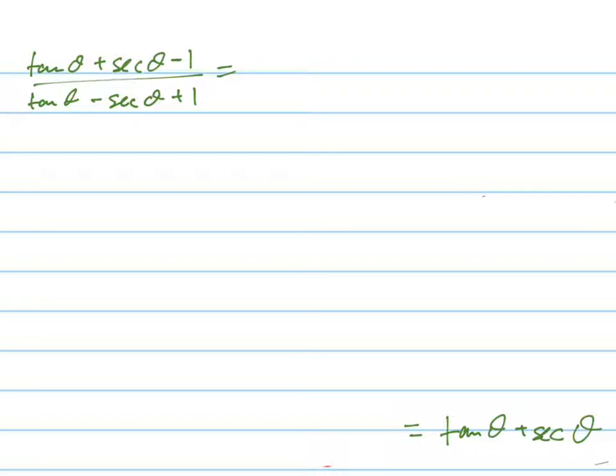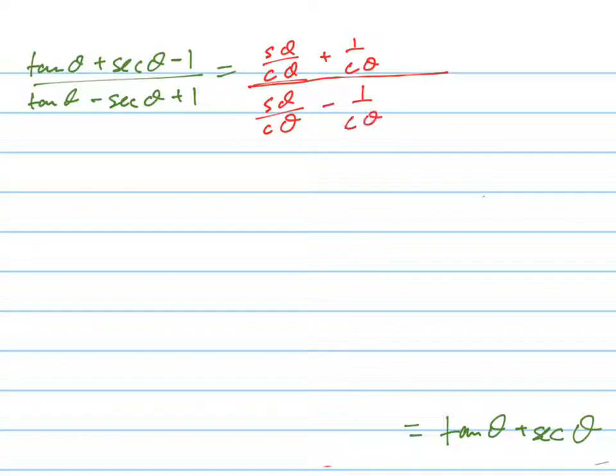So tangent is sine over cosine. I'm going to abbreviate it for the sake of time. So sine over cosine plus secant is 1 over cosine, minus 1 over cosine of theta, minus 1 plus 1.